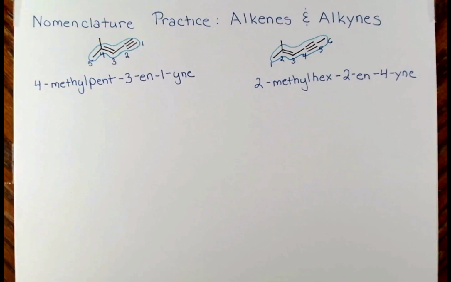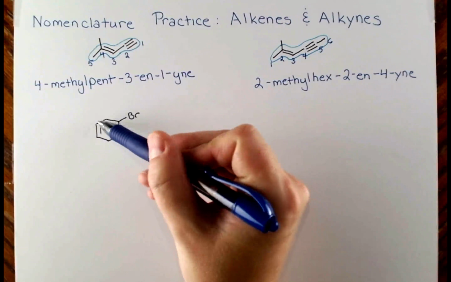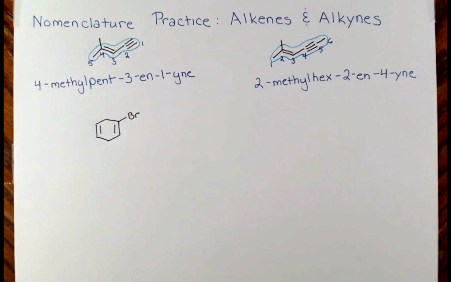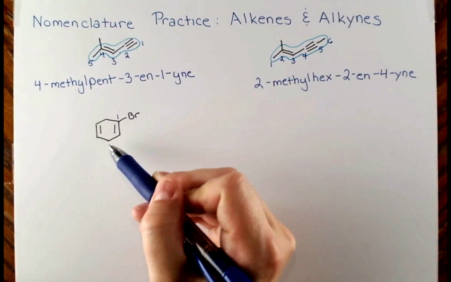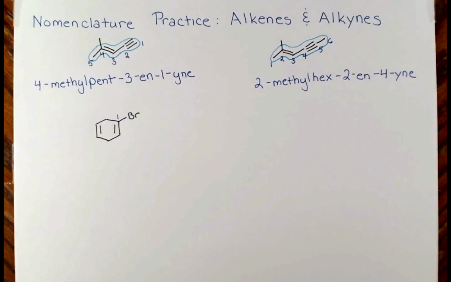Okay, let's try a cyclic example. Here we have 1, 2, 3, 4, 5, 6 carbons within the ring, and we want to number so that this bromine atom is number 1. Now we need to figure out if we number clockwise or in the counterclockwise direction. The answer here is clockwise because we want to number each end of the alkene first.